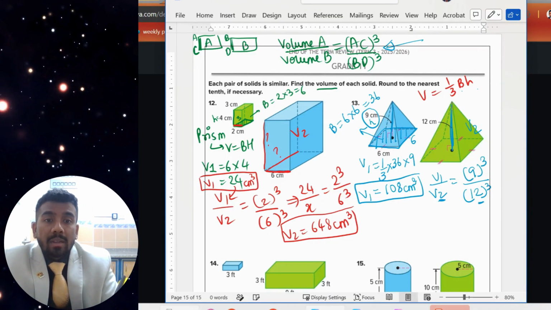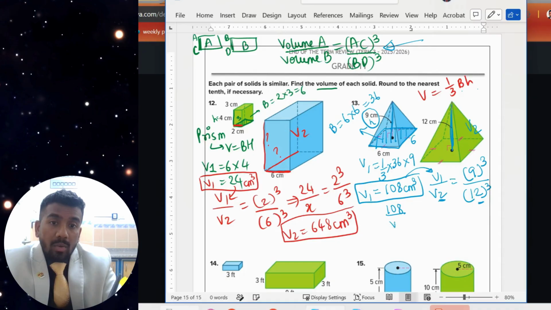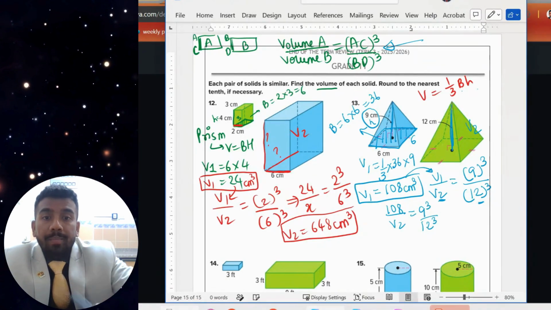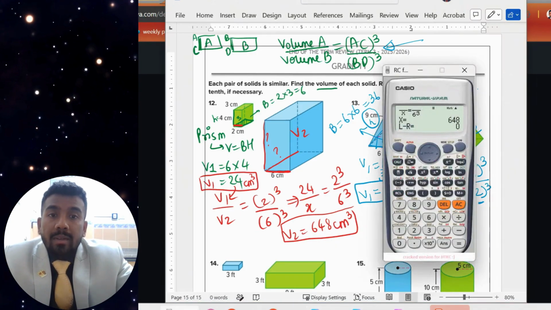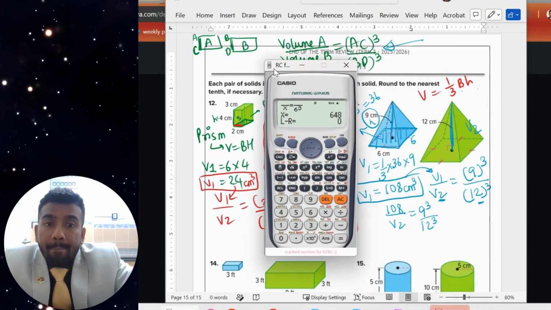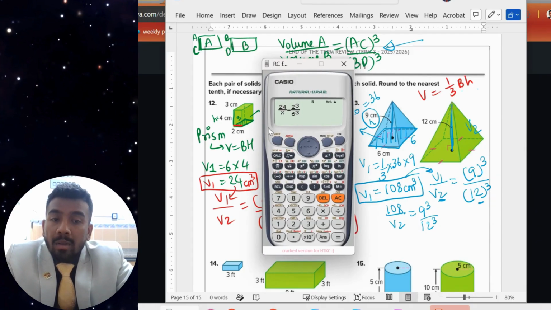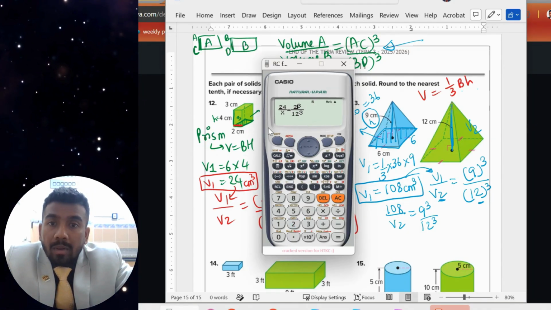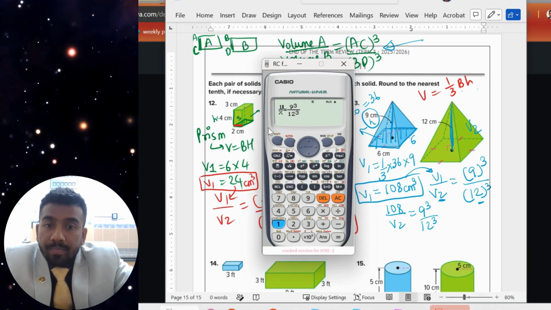Now, 108, put it over here. So you will have 108 over V2 equals 9 cube over 12 cube. Put it in the calculator, same way. So it's 12, go up, 9, 108.